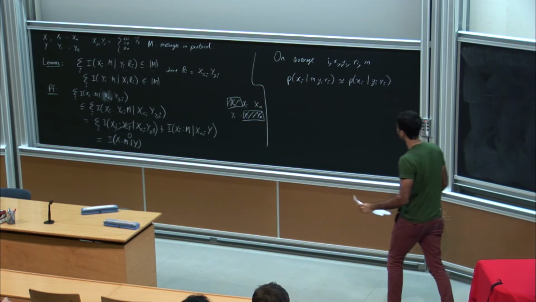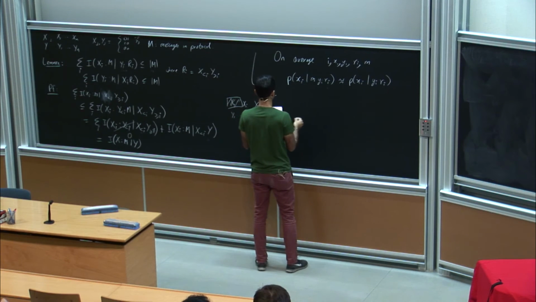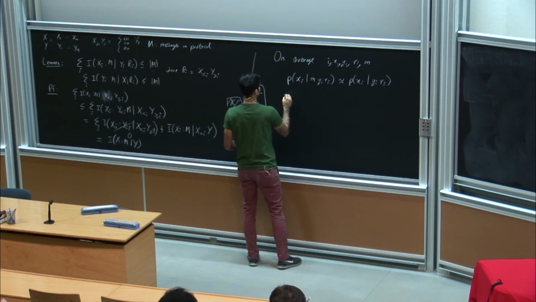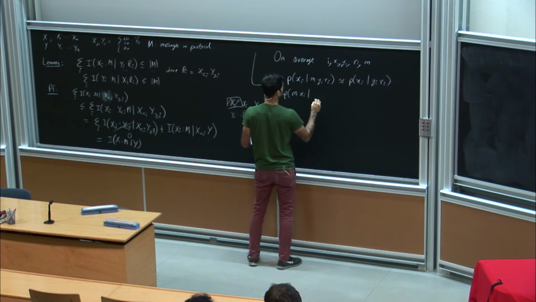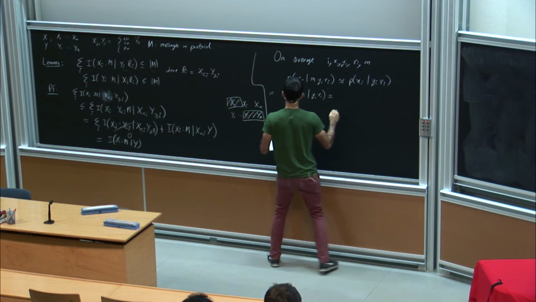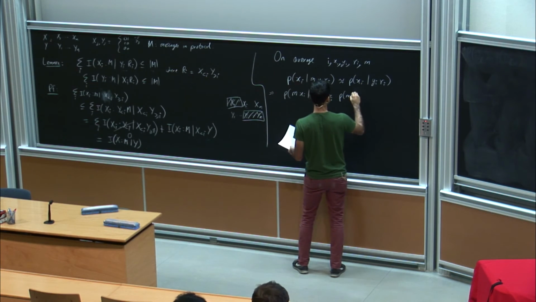So it says basically that M does not affect Xi after you've sampled these other variables. Another way to say that is that the joint distribution of M and Xi conditioned on Yi and Ri is close to sampling them independently.